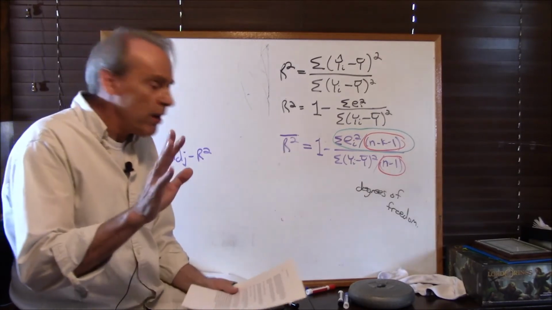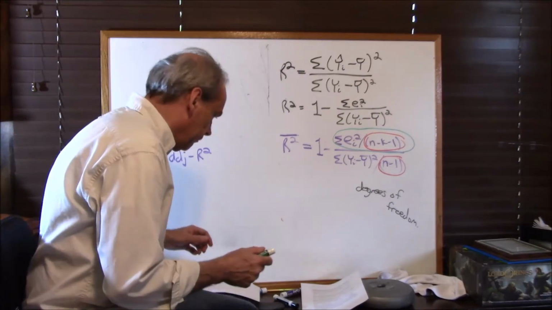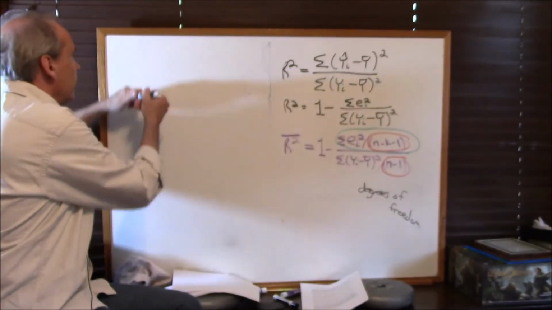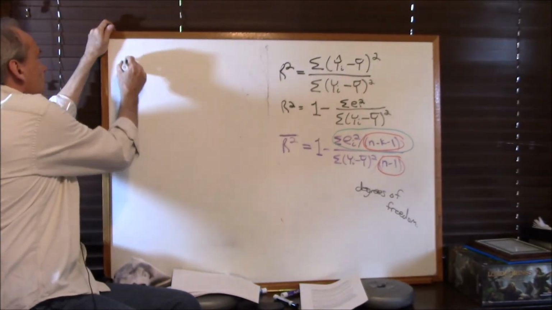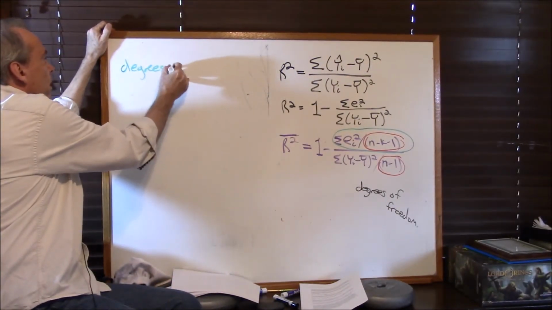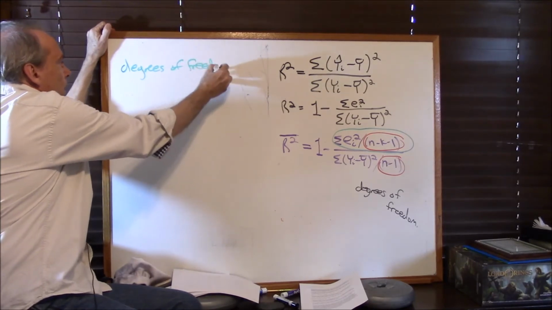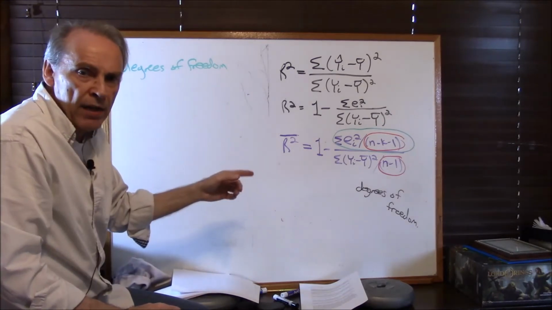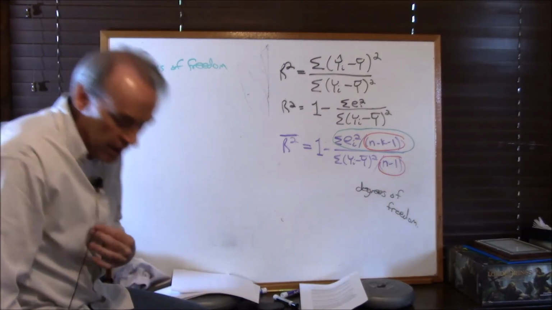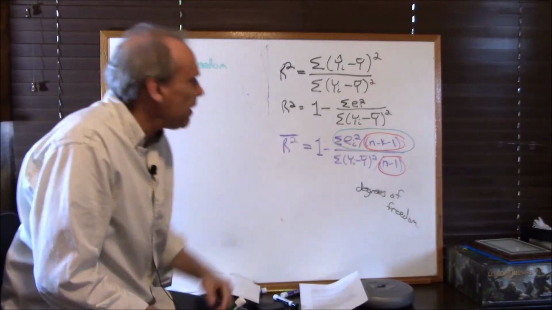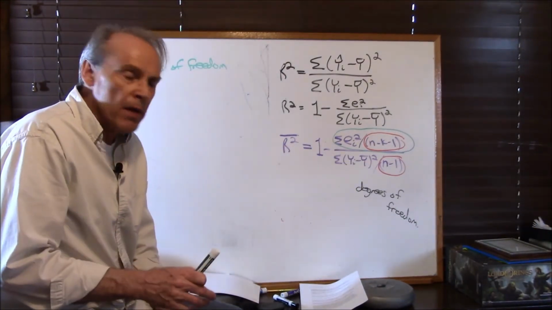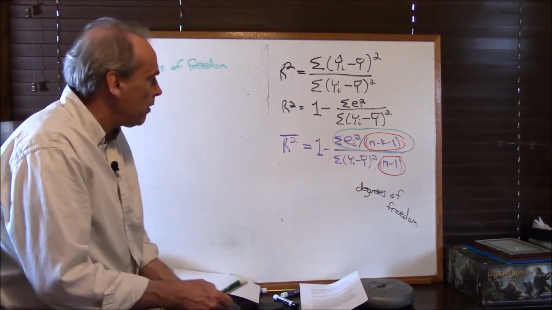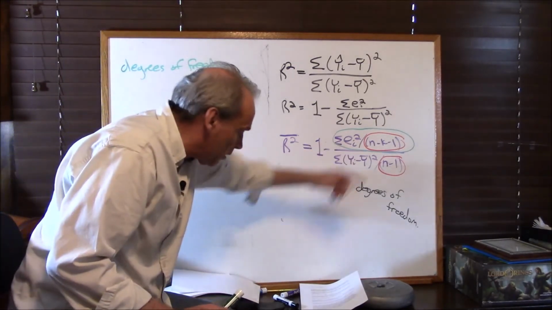Okay, the degrees of freedom. Because I'm sorry, let me make sure you understand this. What we're doing by adding a new K, is reducing the degrees of freedom. N minus 1 and N minus K minus 1 are the degrees of freedom. And you want, obviously, clearly in the numerator, you want that to be as big as possible in what's circled in red.